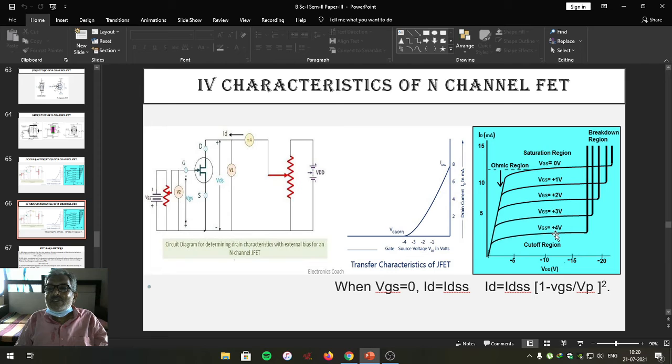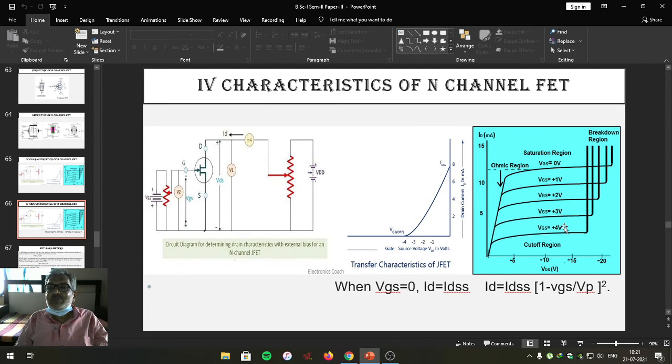Increase in negative VGS decreases the drain current due to the decrease in channel width. Increase in width of depletion layer, decrease in channel width allows fewer charge carriers to reach the drain.